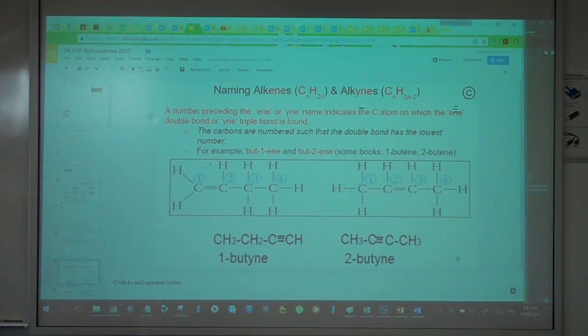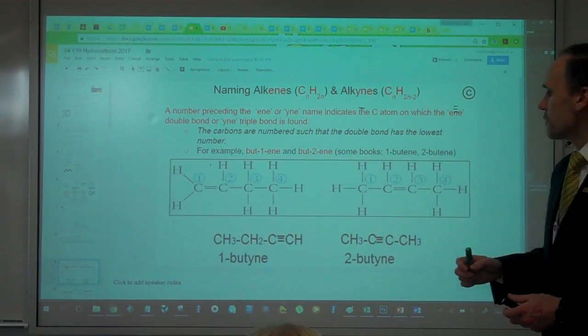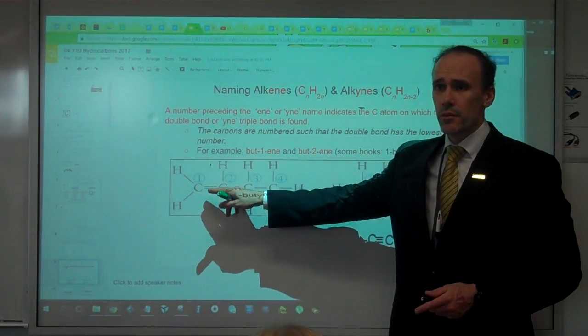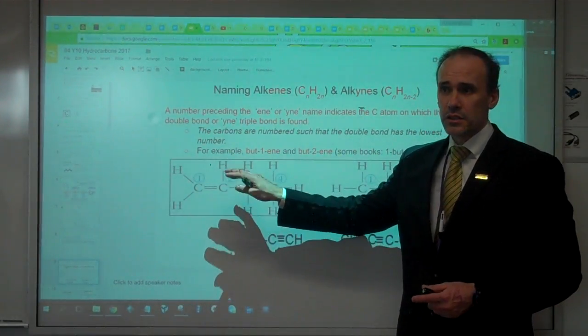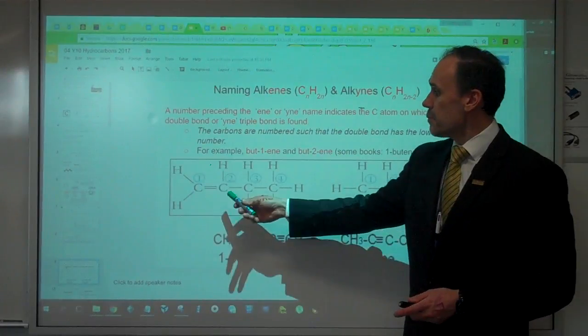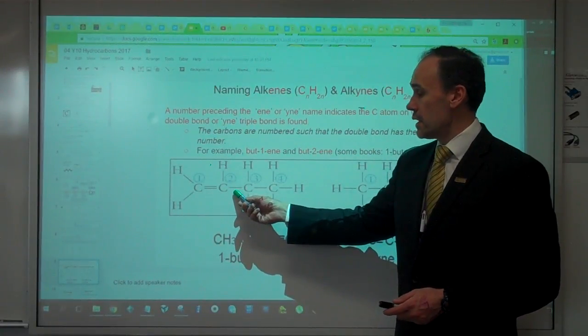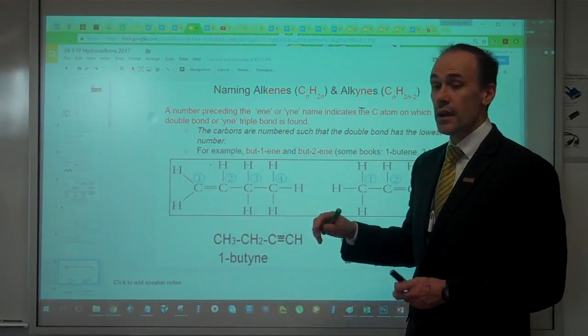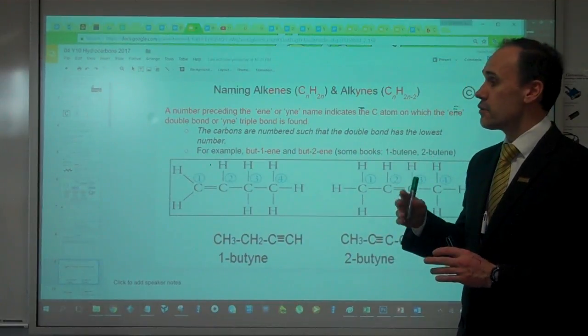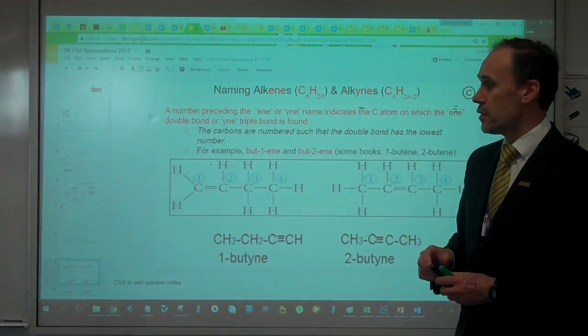Okay. So, now, in your alkanes, alkenes and alkynes examples, I've always had the double bond or the triple bond at position 1. It just makes things easier. But that double bond in an alkene could be here or here, and so that is reflected in the name of the molecule.